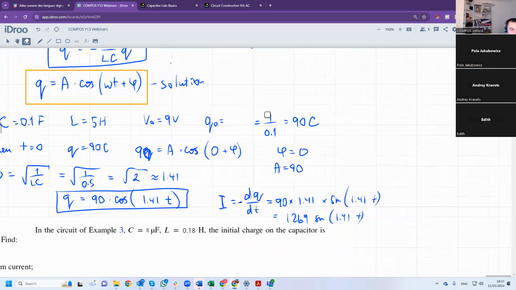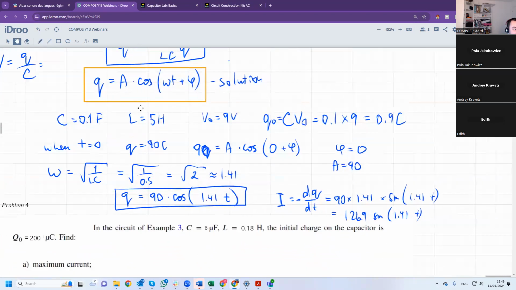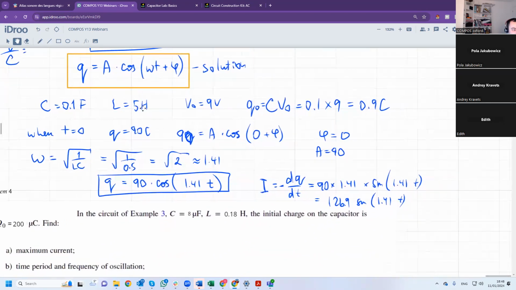Q is CV0. So it's 0.1 times 9, which is 0.9 coulombs. That's more realistic.